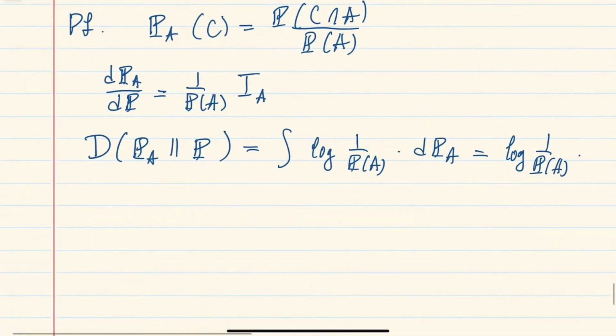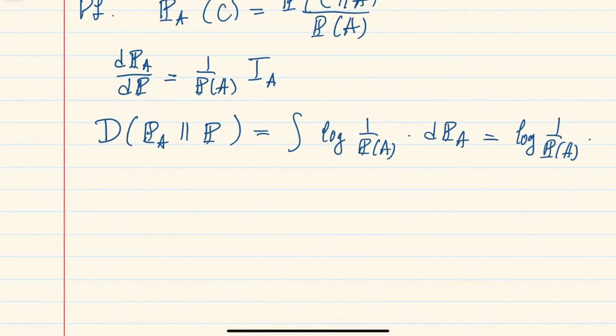Okay, so we can see that in this particular case we can compute this divergence explicitly and easily. Then if we take two sets A and B, at this point we want to use this Lagrange inequality that we just proved.